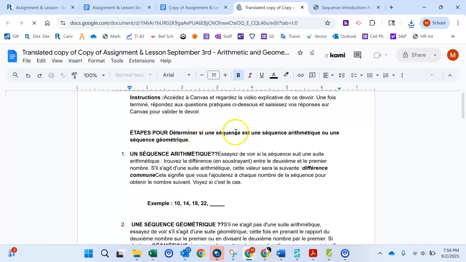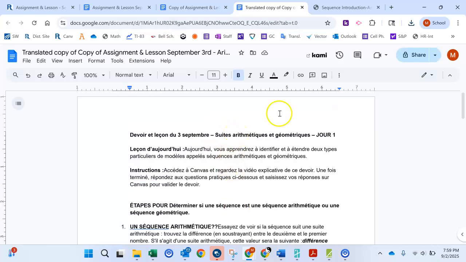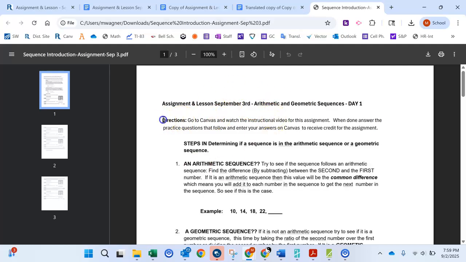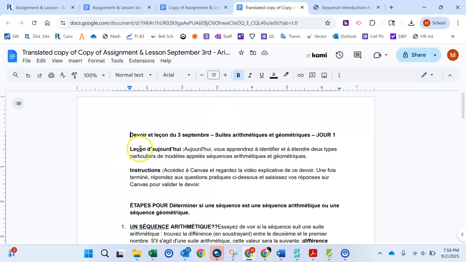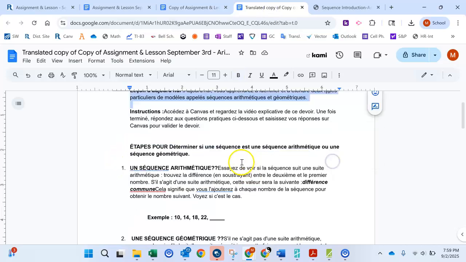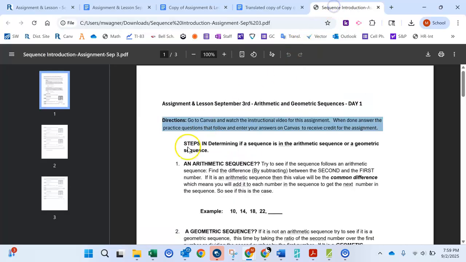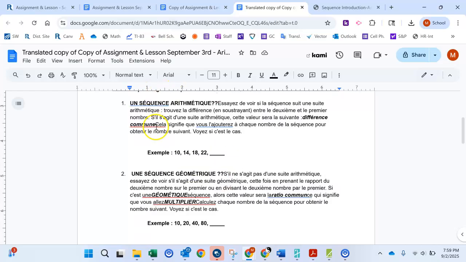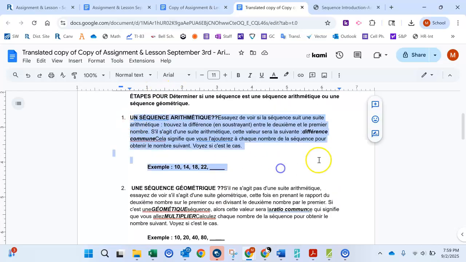And then all of this is going to be the information from the assignment. You should start by reading this, but the translation will be right here, okay? For example, step number 1 right here is going to be a translation right here, okay?